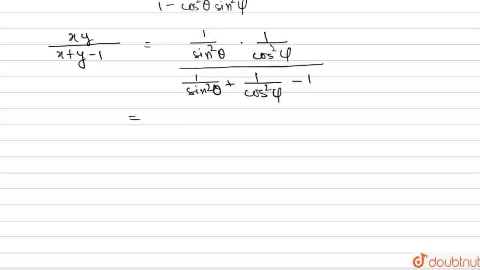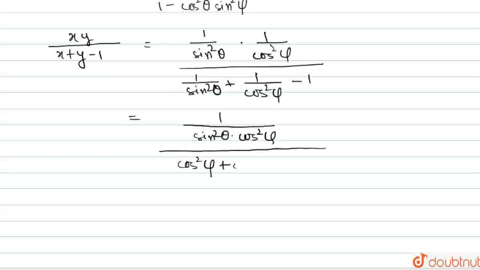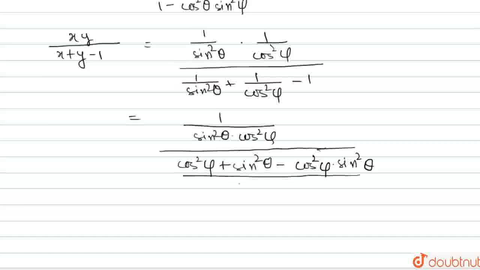Upon simplifying this, we will get the numerator as 1 upon sin square theta into cos square phi, and the denominator will be equal to cos square phi plus sin square theta minus cos square phi into sin square theta upon sin square theta into cos square phi.